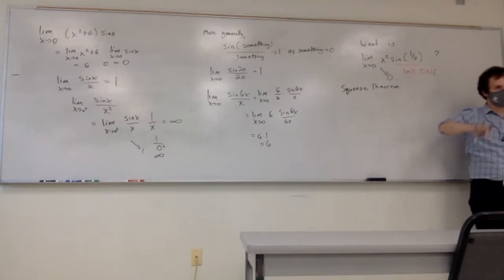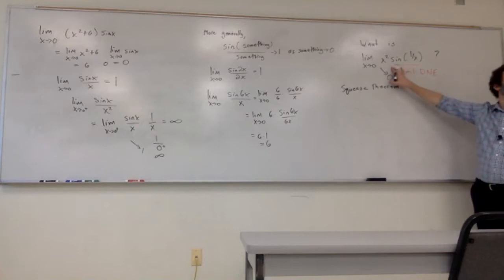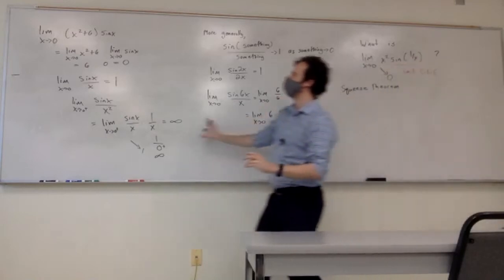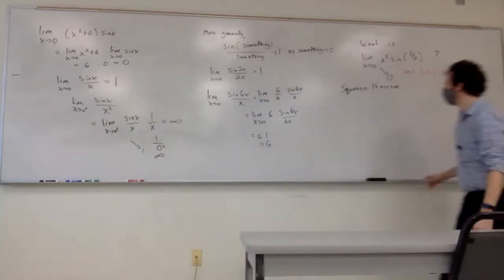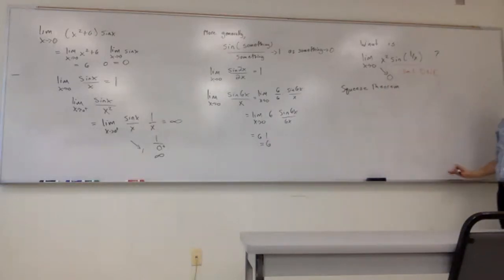Check some other stuff. If you check things and things work out in a certain way, you'll be able to say what this limit is. But we won't be directly dealing with it like we did in these examples. So first, I'll say what the squeeze theorem is. I'll draw a picture giving you some idea of why it might be true and also what it's saying. And then we'll talk about how we can use it and apply it to this limit.